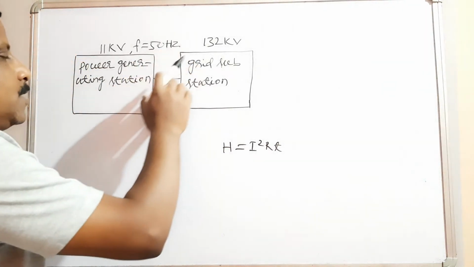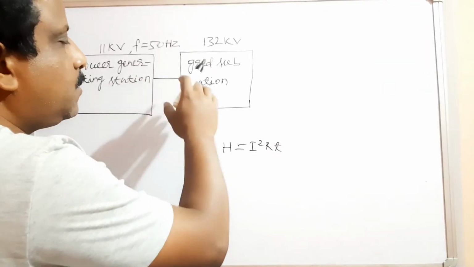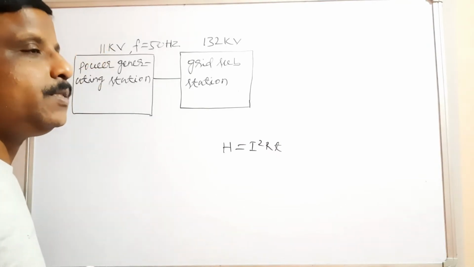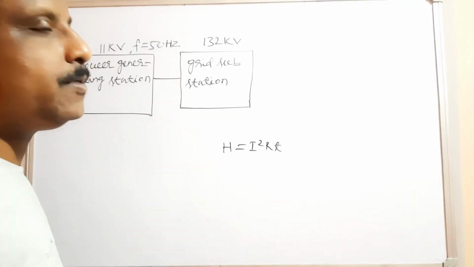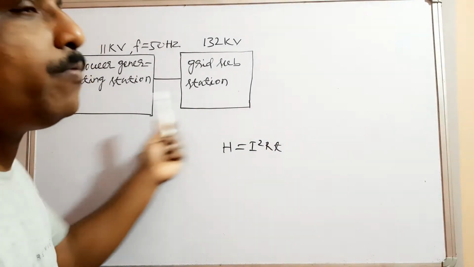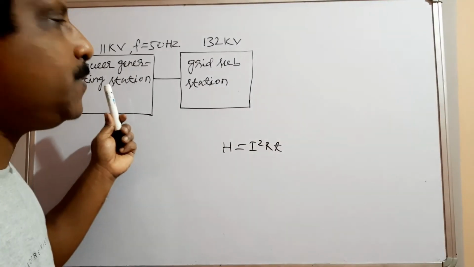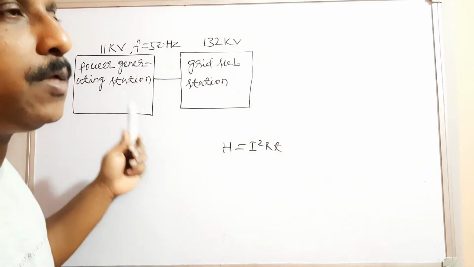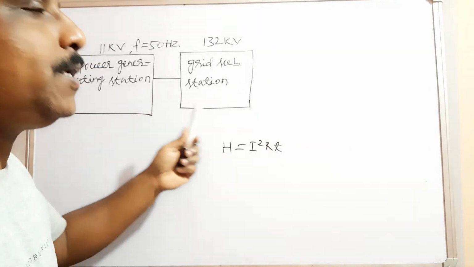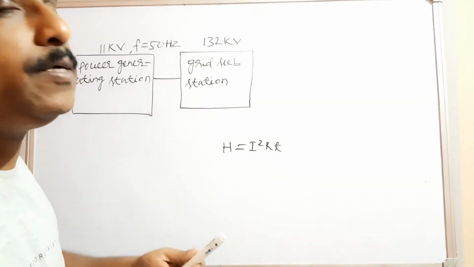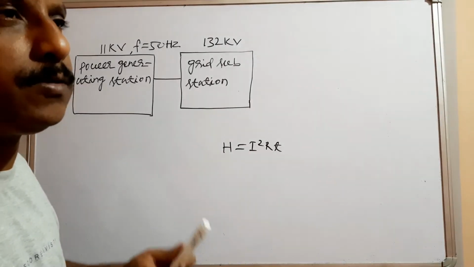When current is supplied, heat is produced, and so maximum electrical energy is lost in the form of heat energy on the way, while being transmitted from the power generating station to our house.